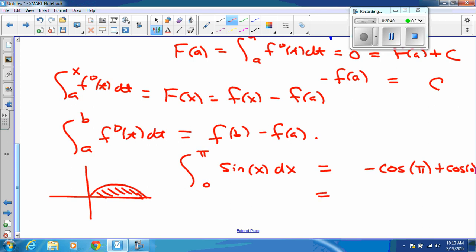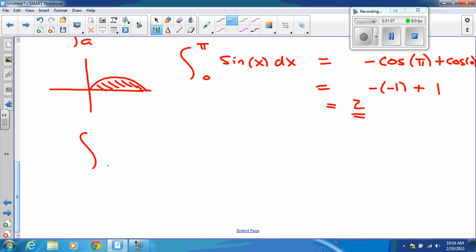F of b minus f of a. And the cosine of pi is negative 1. And the cosine of 0 is 1, so that I get an area of exactly 2. That's pretty awesome. And all of a sudden, our ability to find areas expands greatly. Let's do some more.